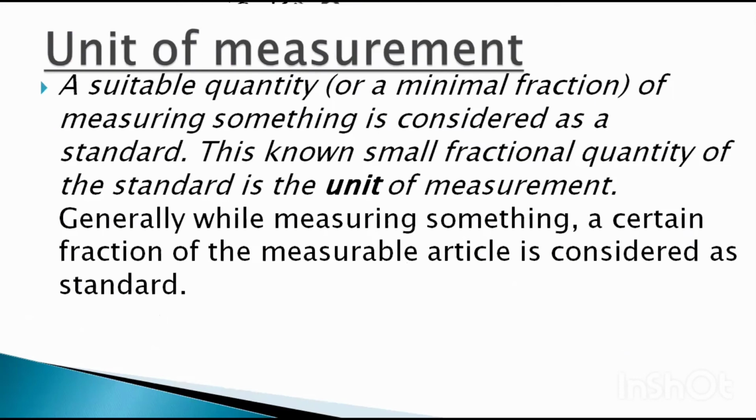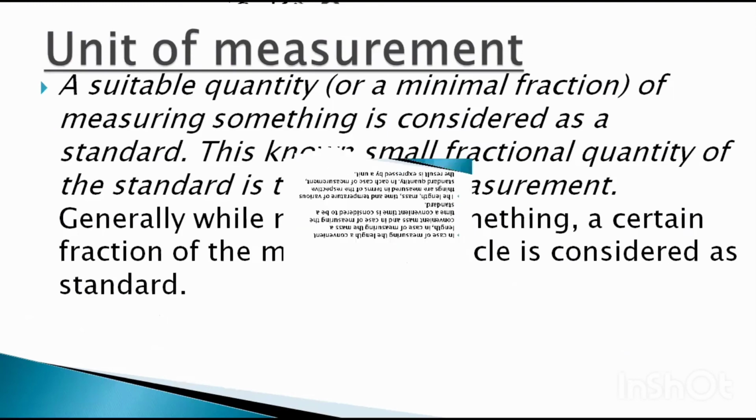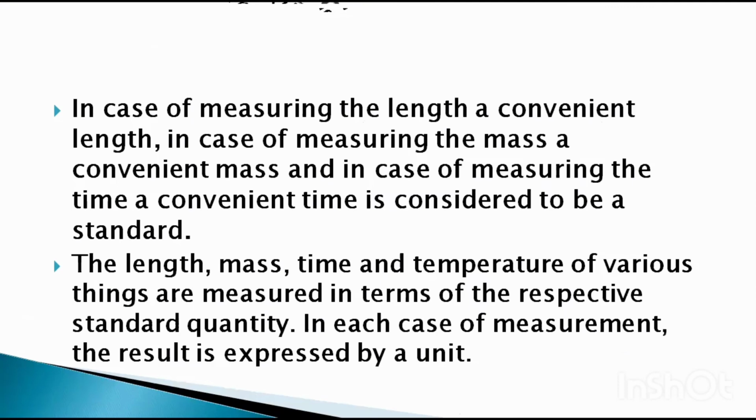Generally, while measuring something, a certain fraction of the measurable article is considered as standard. So in case of measuring length, a convenient length is considered a standard; in case of measuring mass, a convenient mass; and in case of measuring time, a convenient time.